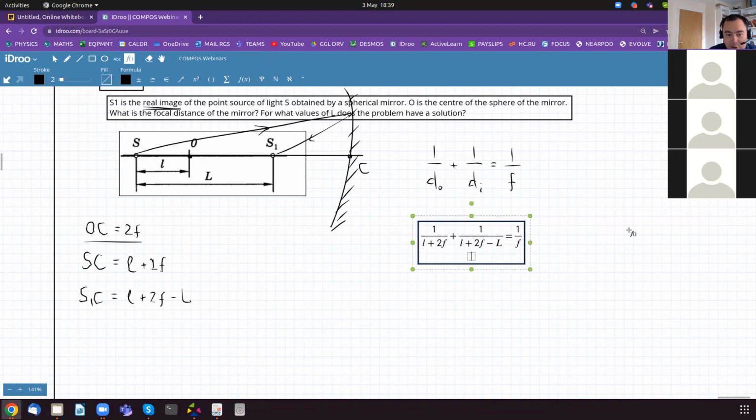So we multiply the first one by F, L plus 2F minus L capital. Well, actually, you know what? I'm multiplying the whole thing by F times L plus 2F times L plus 2F minus L. I'm multiplying the whole thing by that, and I get something slightly less horrible.